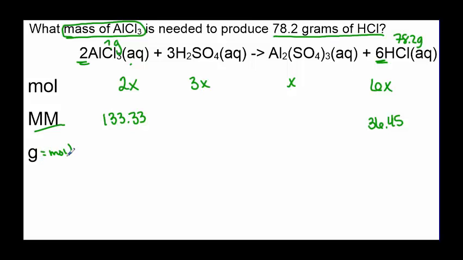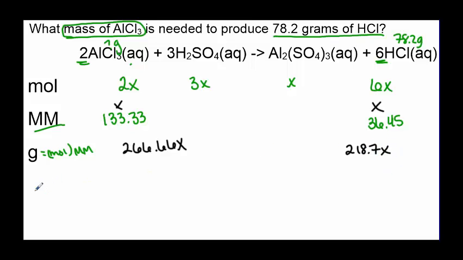Alright, so now to get grams, remember that's going to equal your moles times your molar mass. Okay, so 2 times 133.33 gives me 266.66 times x. 6x times 36.45 is going to give me 218.7 times x.